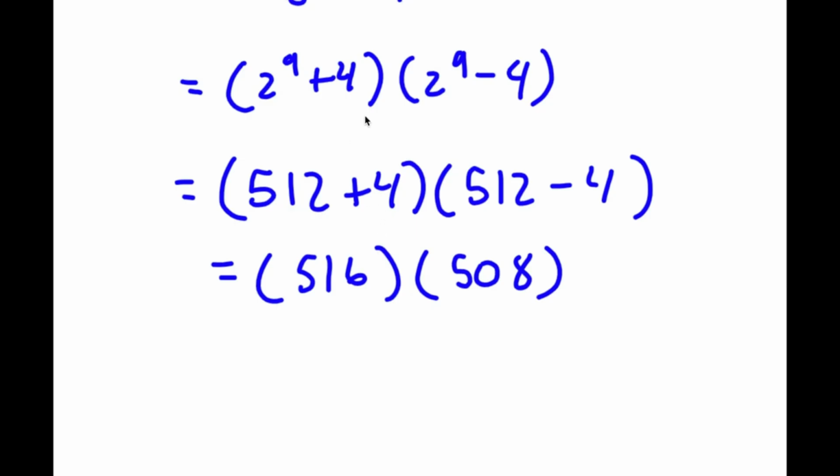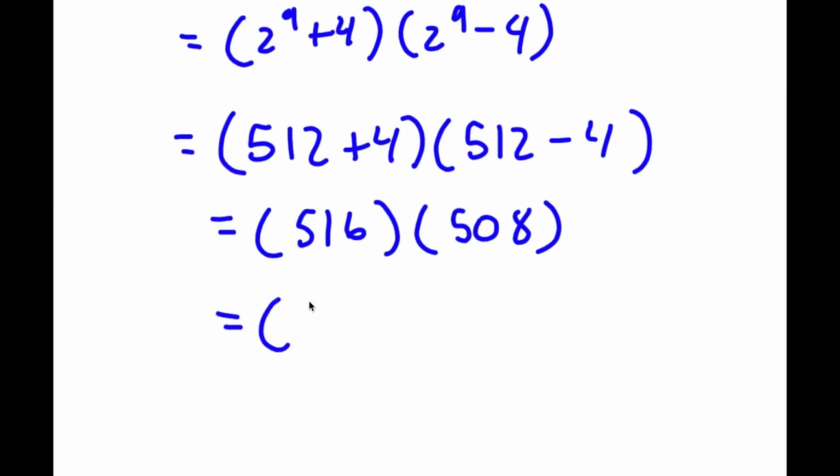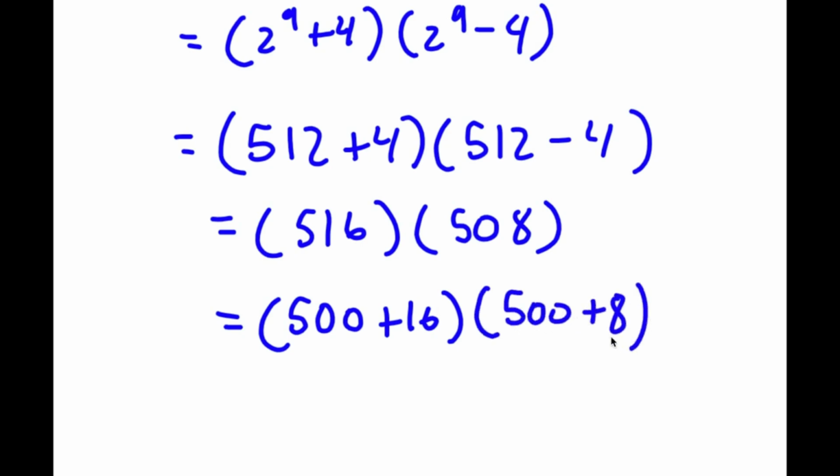Now from here, I'm going to rewrite 516 as 500 plus 16, and I'm going to rewrite 508 as 500 plus 8. The reason I did this was to make this problem easier to multiply, because we're trying not to use a calculator, and if we multiplied 516 with 508 on paper, that's going to take a while to solve.